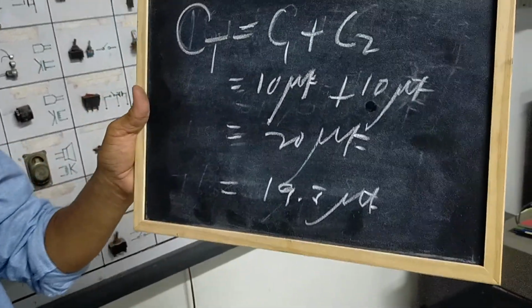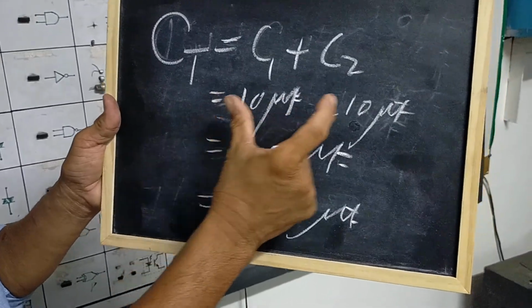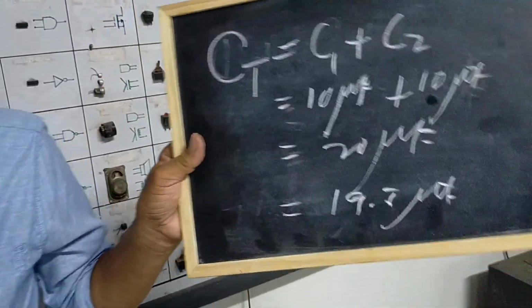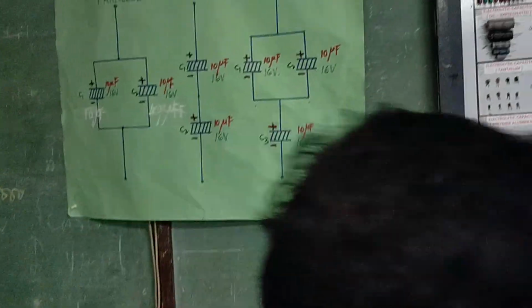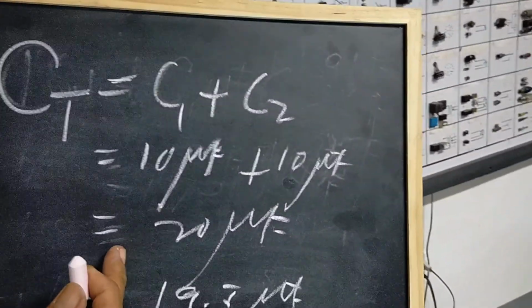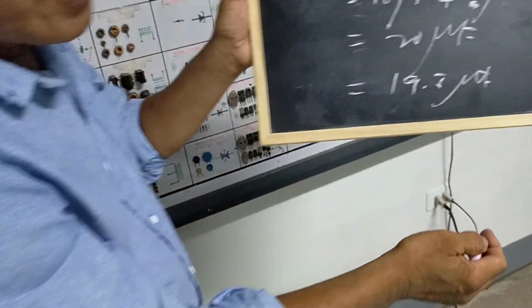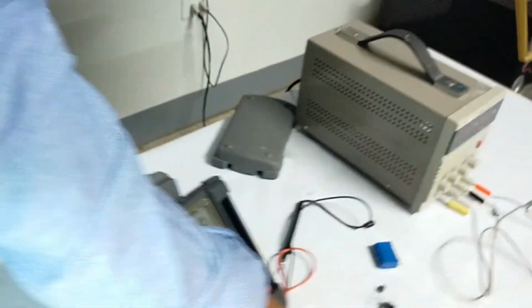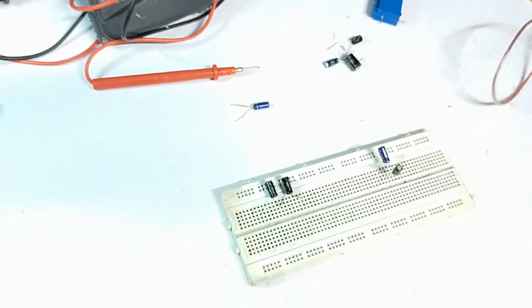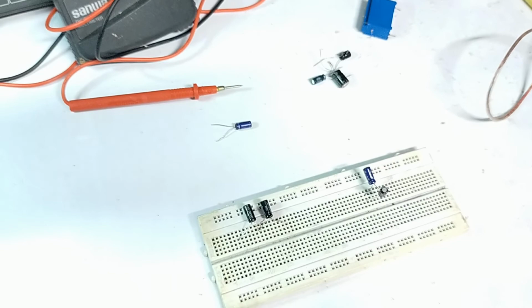When the two 10 microfarad capacitors are connected in parallel, the formula is different. Ct is equal to C1 plus C2. So we are adding the capacitances. That becomes 20 microfarad. Then, when we measure the total capacitance using the capacitance meter, the resulting capacitance is 19.5 microfarad.